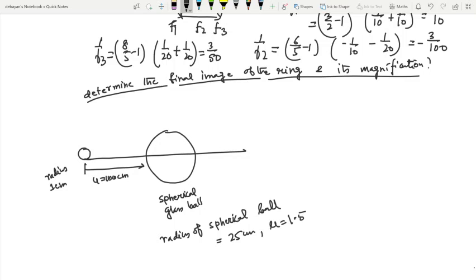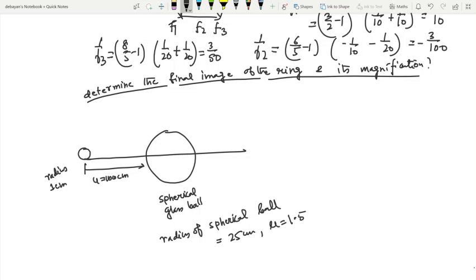So is the question clear? I have a ring whose radius is 1 centimeter, which we are placing 100 centimeter or 1 meter in front of a spherical glass ball, whose radius is 25 centimeter and whose refractive index is given as 1.5. So you have to determine the position of the final image of the ring and its magnification.